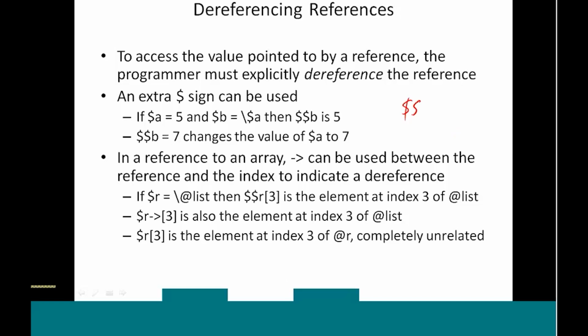So $$B in this case is the same as $A, because $B is actually backslash $A. I don't know whether it makes sense, but this is the way to understand that.